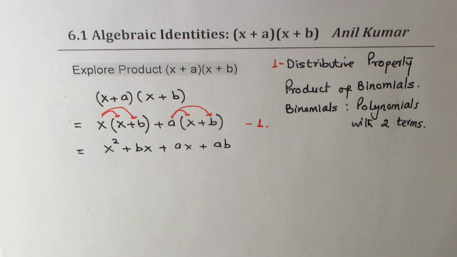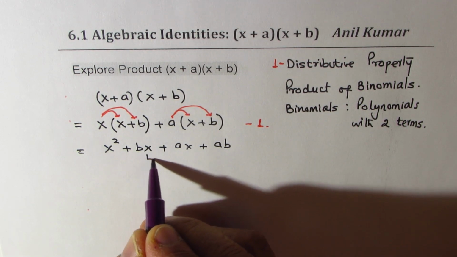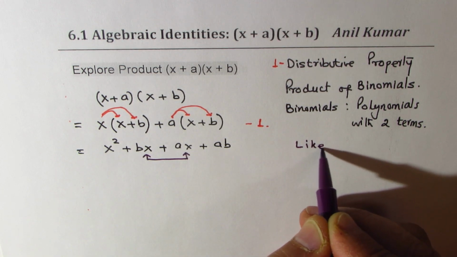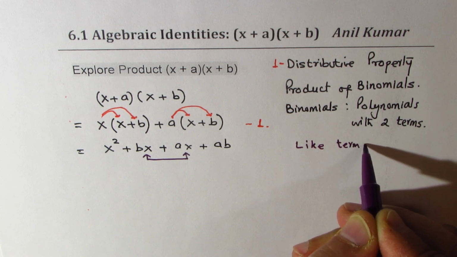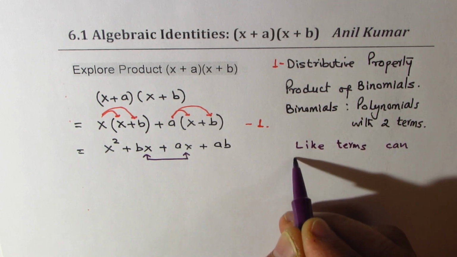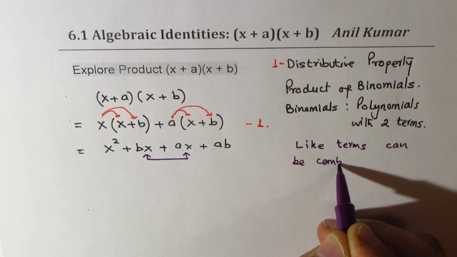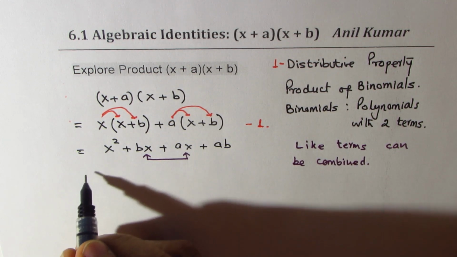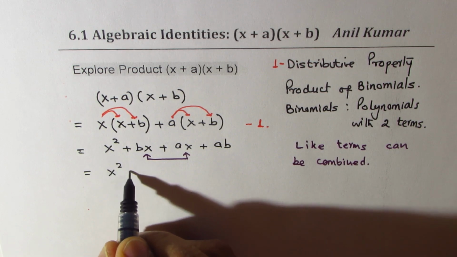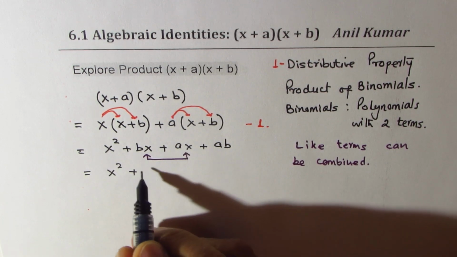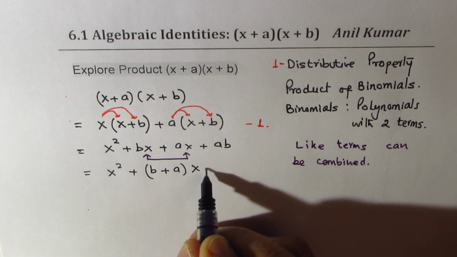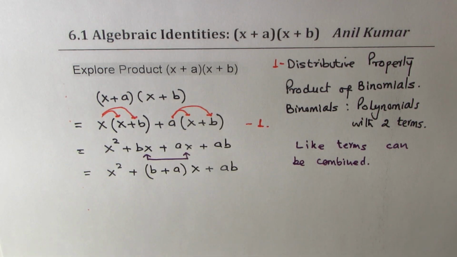Now, if you look into these two terms right in the center, these are like terms. So, like terms can be combined. If you combine these terms, what do we get? x squared plus, since x is common, you could write this as b plus a times x plus ab. Do you see that part?